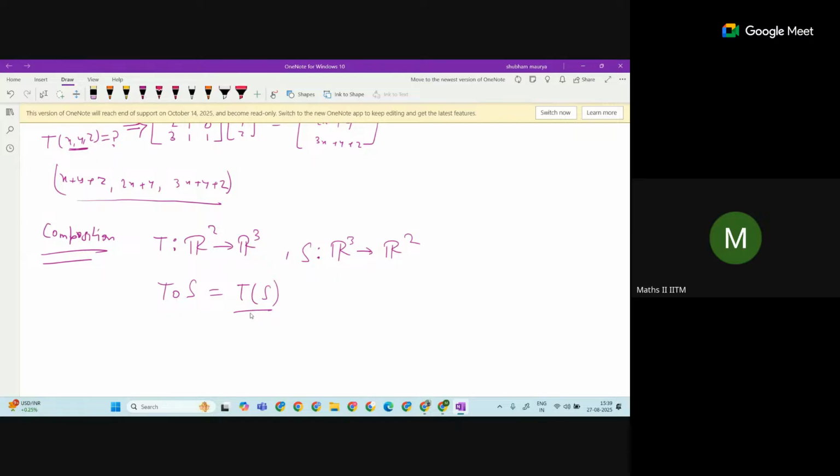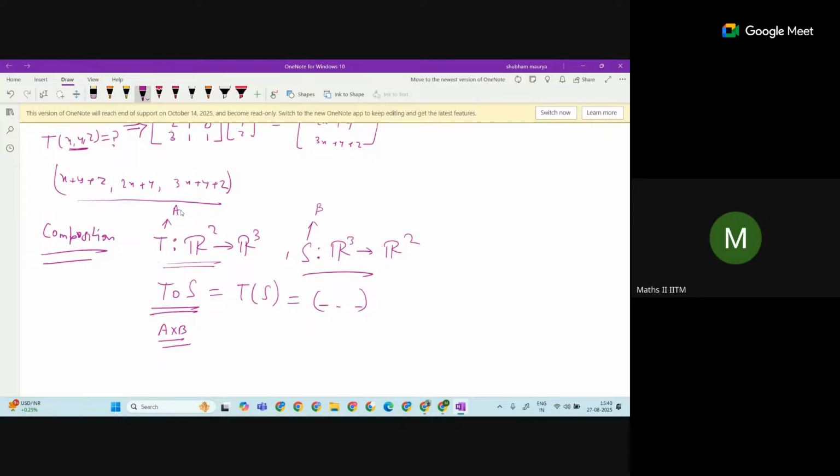This composition is found by substituting the corresponding variables into the expression. I mean to say, if the matrix representation of T is A and of S is B, then the matrix representation of this composition is nothing but A times B.